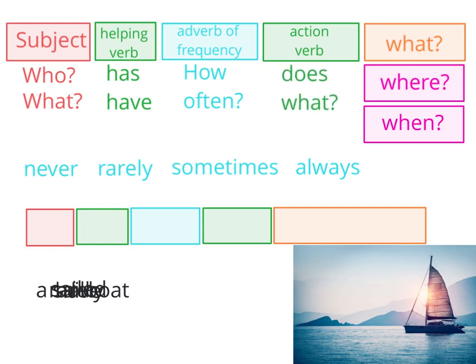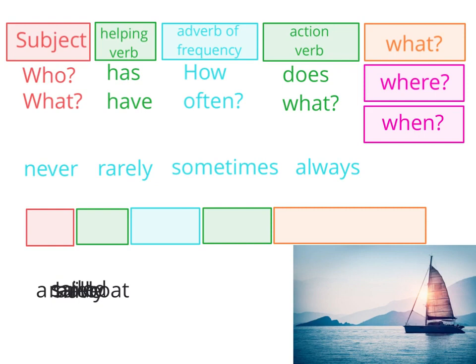This would be a sentence that has a two-part verb. We have talked about two-part verbs before, like she is eating. This is a different type of sentence with a different type of two-part verb. It will have the first part, has or have, and then it will have an action verb after it that usually ends with the letters ed.